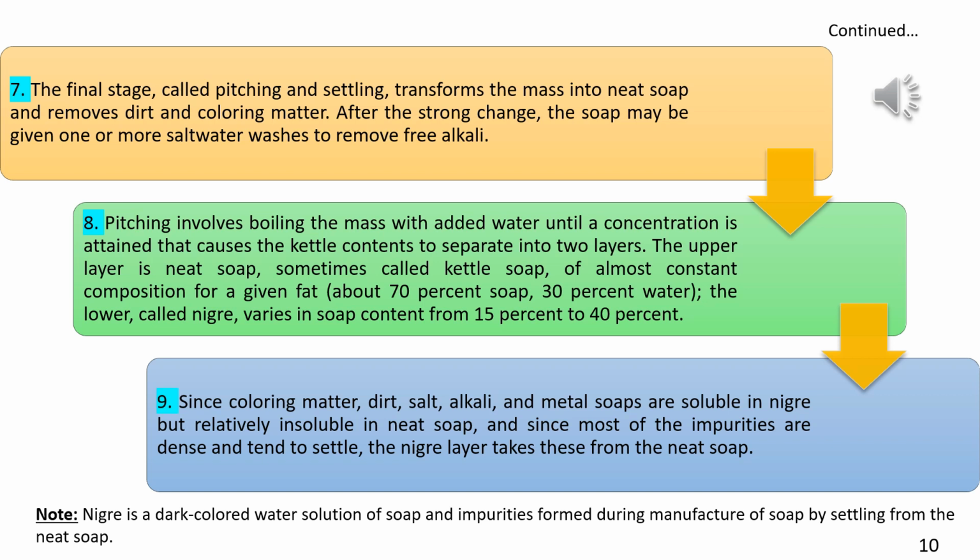After a strong change, the soap is given one more treatment. Our soap will be treated with saltwater washes to remove the free alkali. So in this step, we obtain the neat soap in which the dirt, coloring matter and the free alkali are removed.